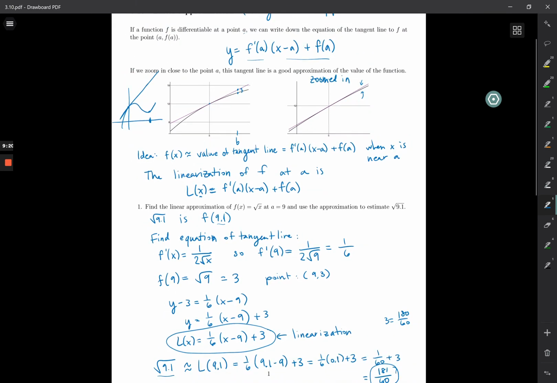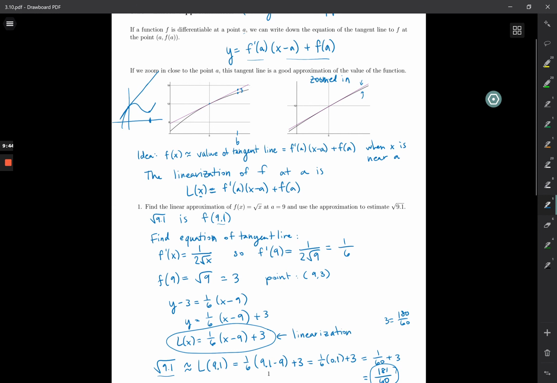So what we're doing is we're taking a function that may behave somewhat crazily, but it is differentiable, and we're assuming it's linear, at least close by this point of differentiability. And so linear functions are very, very nice. They're almost the nicest types of functions we could ask for.